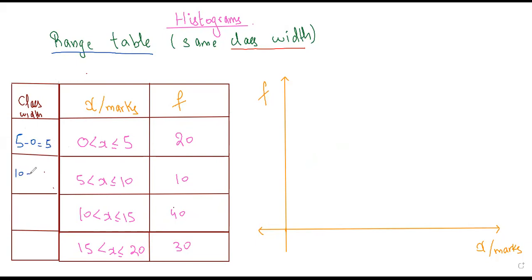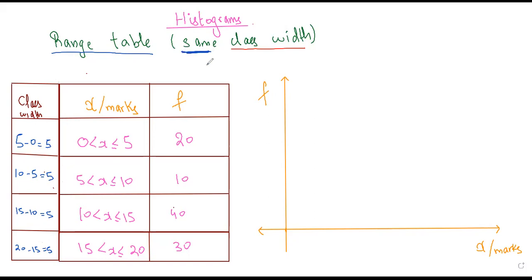Again, 10 minus 5 would give you 5. 15 minus 10 would give you 5. And 20 minus 15 would give you 5. So this is the class width. All of them are 5. It means the class width is same.